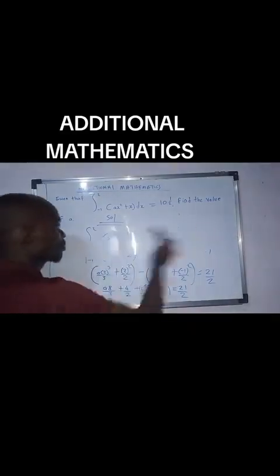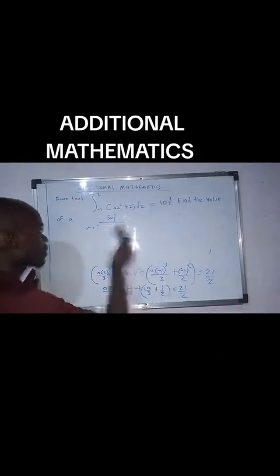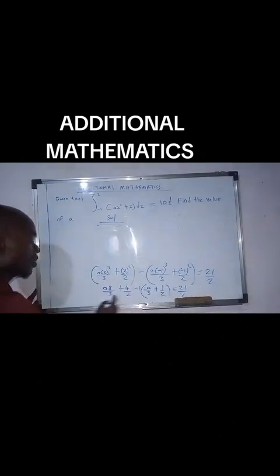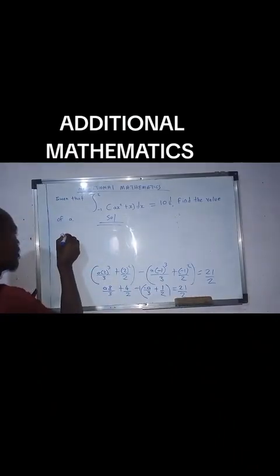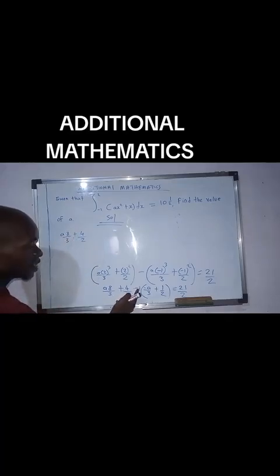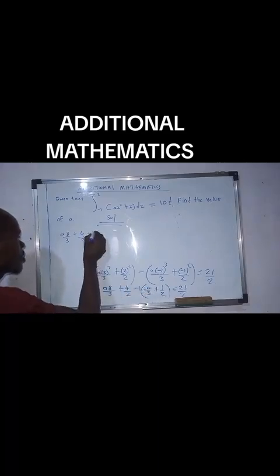So let's wrap this board so that we can have space. Okay, so I want to get first 8a over 3 the way it is, then plus 4 over 2. Then I say this negative 1 times negative a over 3, I'll get positive a over 3.